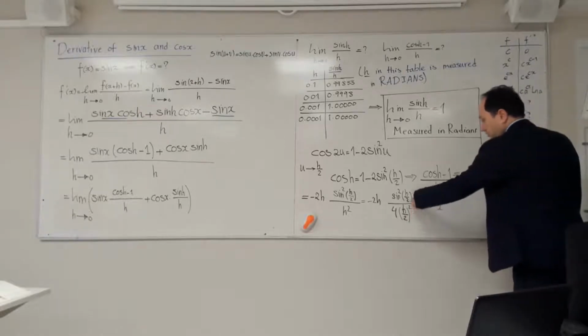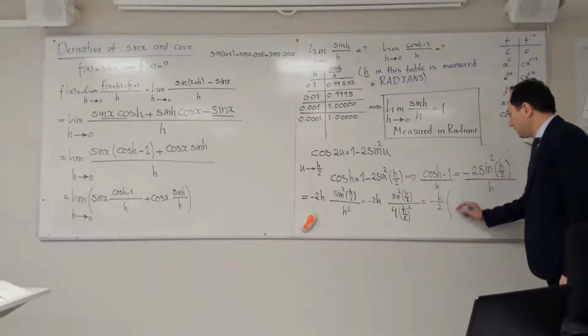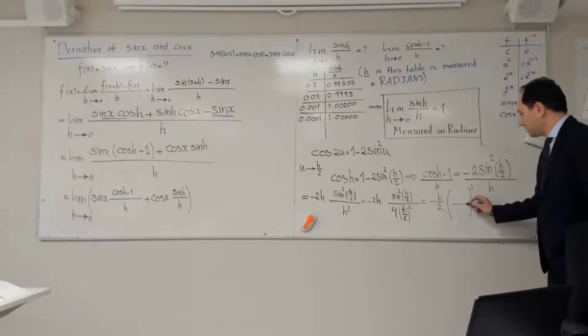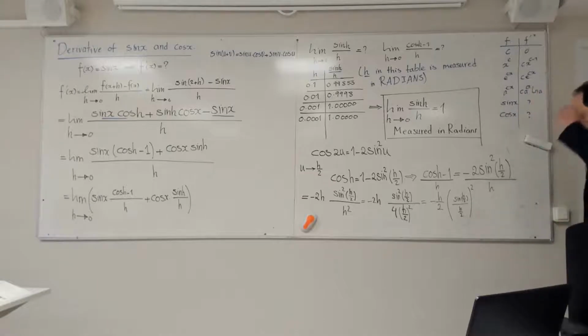And then what I do, I write this as a second power of a fraction. It becomes sine h over 2 divided by h over 2. Is that clear? So that is a simple algebra.